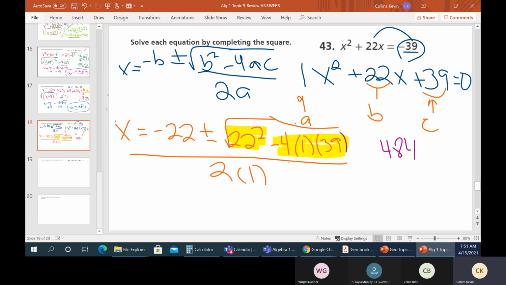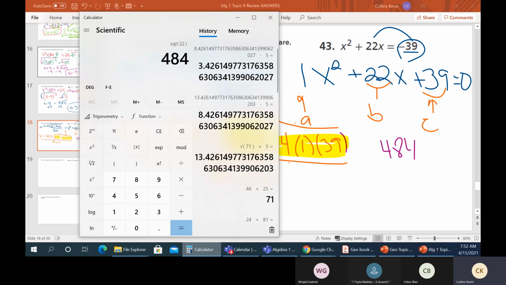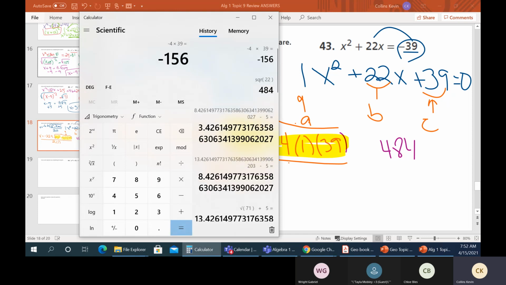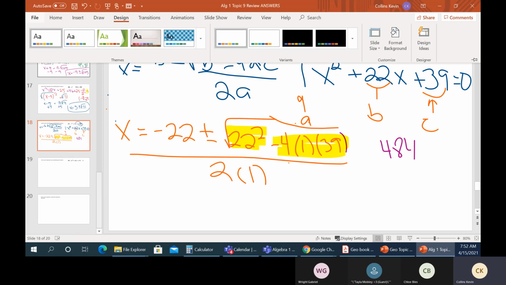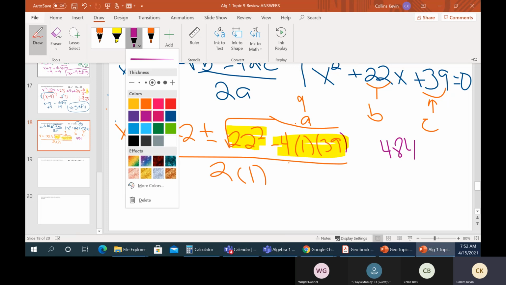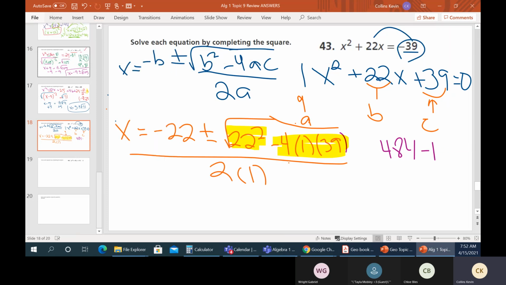All right, so next up, let's take care of this part here. So multiply these 3 guys together. So I've got minus 4 times 1, which we don't really have to do the times of 1, right? So minus 4 times 39. That's minus 156.